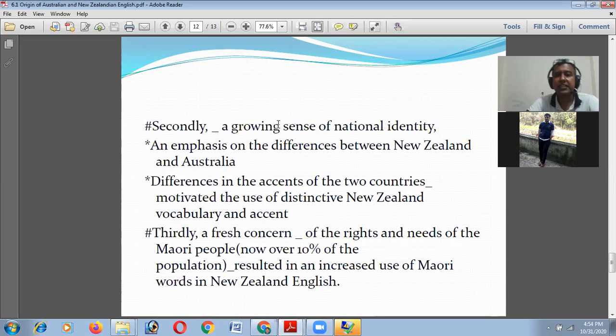Differences in the accent of the two countries motivated the use of distinctive New Zealand vocabulary and accent. And thirdly, a fresh concern for the rights and needs of the Maori people. Maori is the Aboriginal language of New Zealand. Now, 10% of the population speak Maori, which resulted in an increased use of Maori words in New Zealand English.